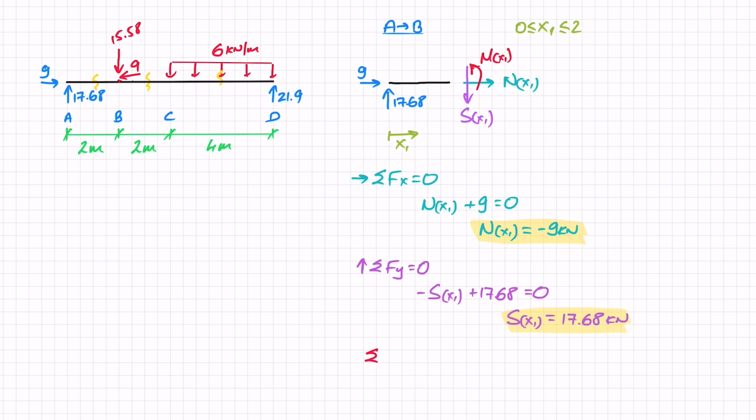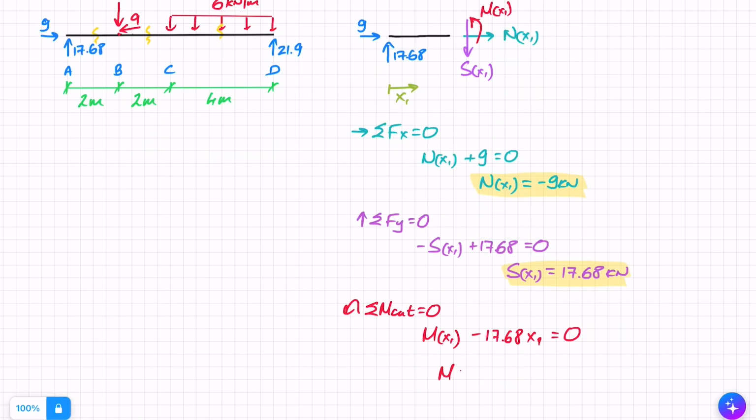And the last thing is the sum of moments at the cut equals 0. So I've got my positive internal moment, MX1, and minus 17.68 times x1 equals 0. And so therefore MX1 equals 17.68 x1. And that is my equation for moment.